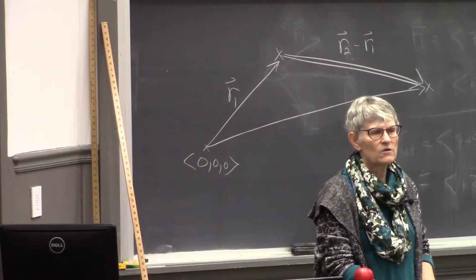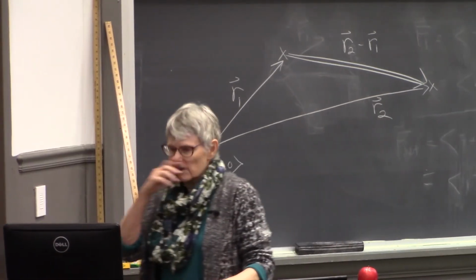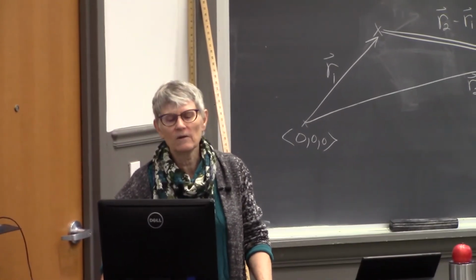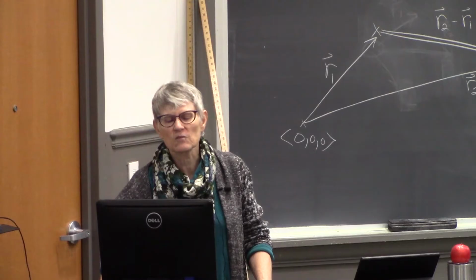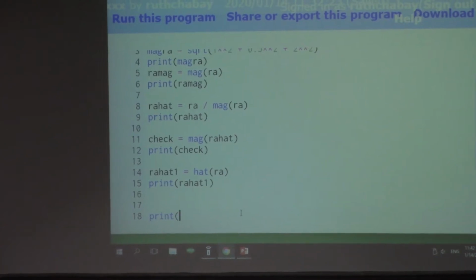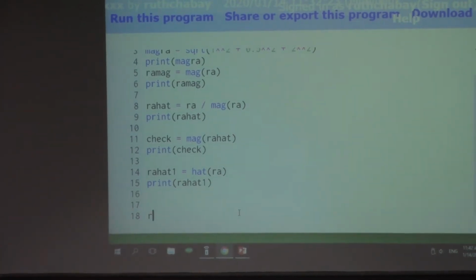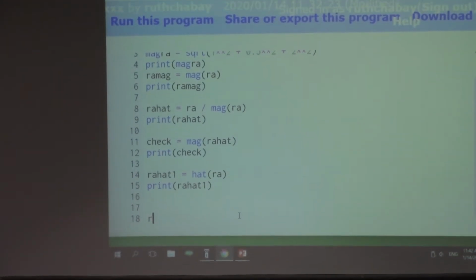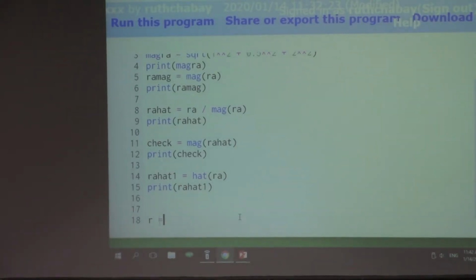So, comments or questions? And VPython, of course, does this for us. It knows about vector subtraction, so we can say R equals RA minus vector 3, 2, 1.